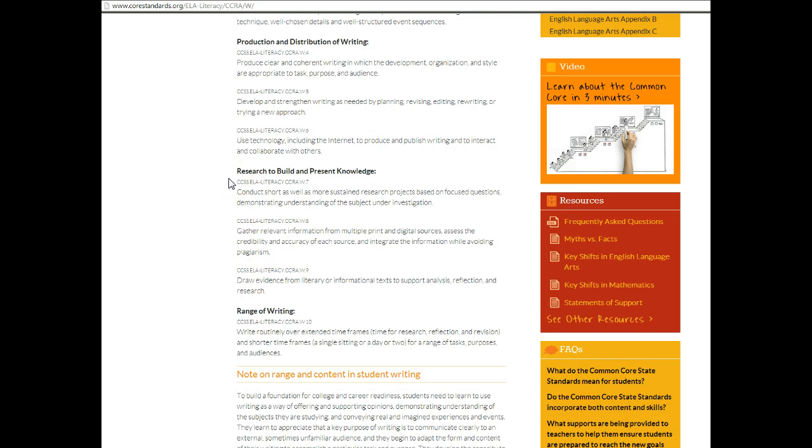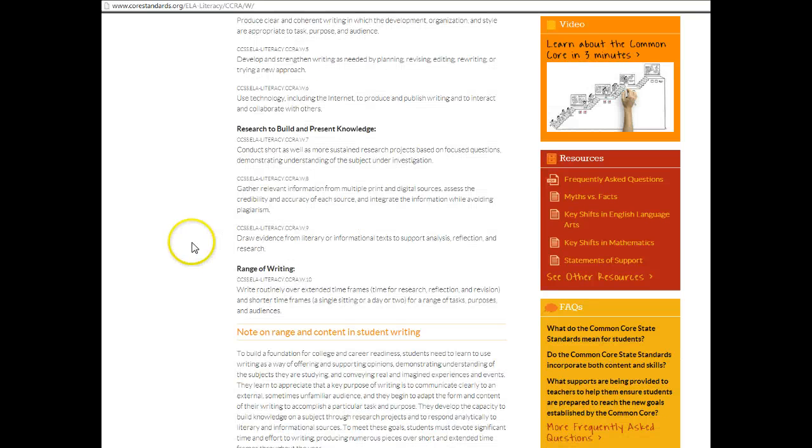Looking at the research to build and present knowledge, they are to write research projects or research papers. They are to draw on relevant information and decide what is relevant and what isn't, and how to do that. Each grade level will be responsible for seeing to those needs as well.